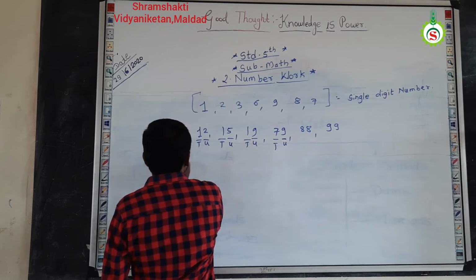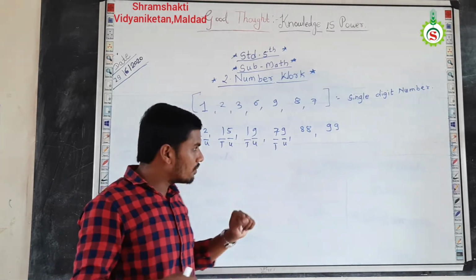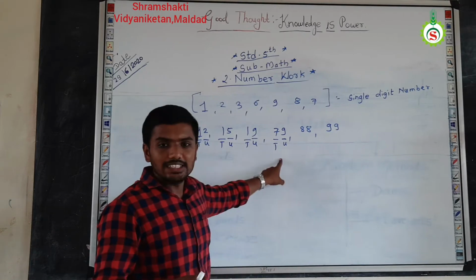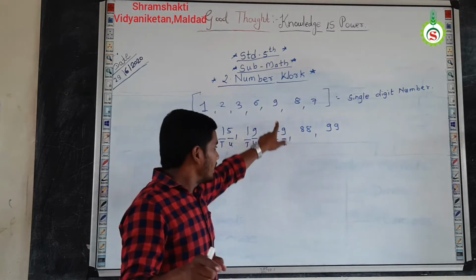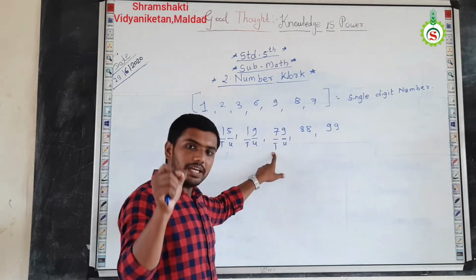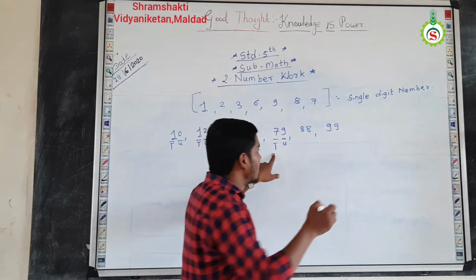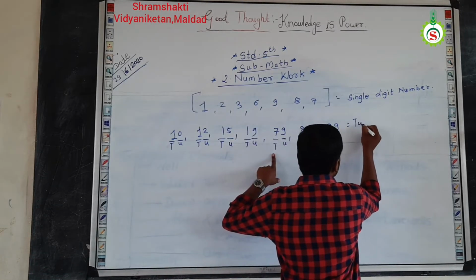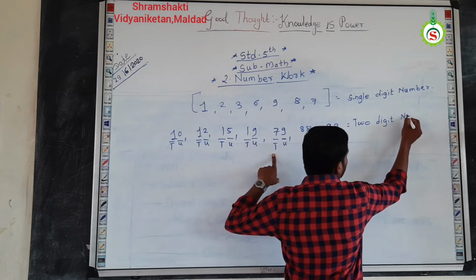That means in two-digit numbers, the digits go up to the tens place. Unit only in single digit, and if there are digits up to the tens, that number is called a two-digit number.